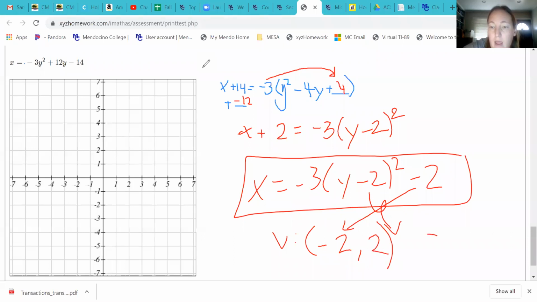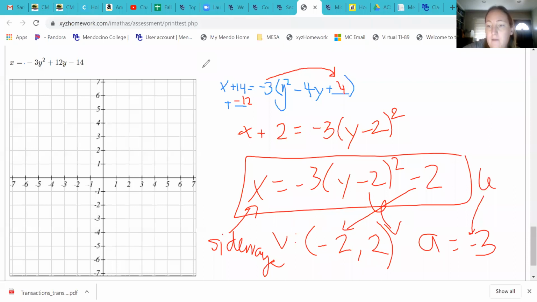And your a is -3. And again, this is opening sideways. And because the a is negative, it's going to be opening left, and it's going to be stretched by a factor of 3.